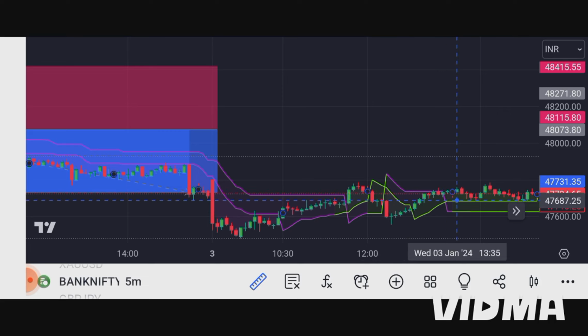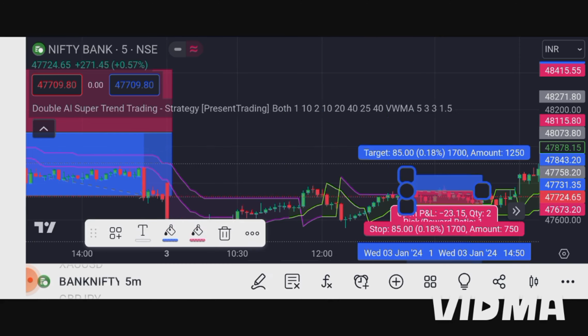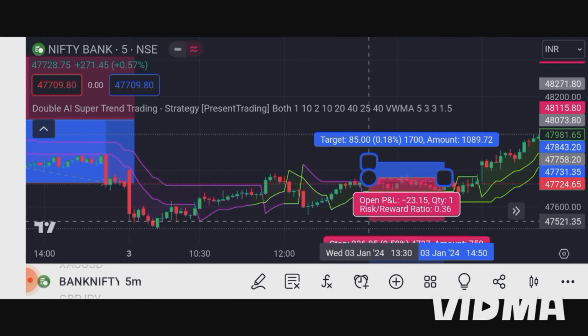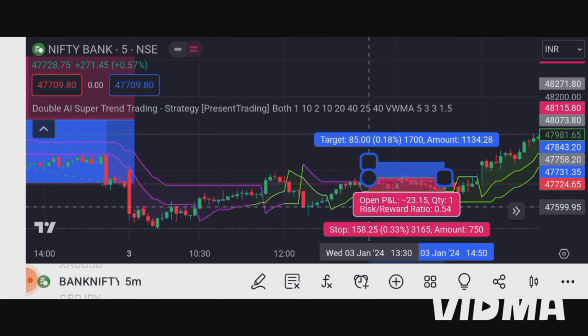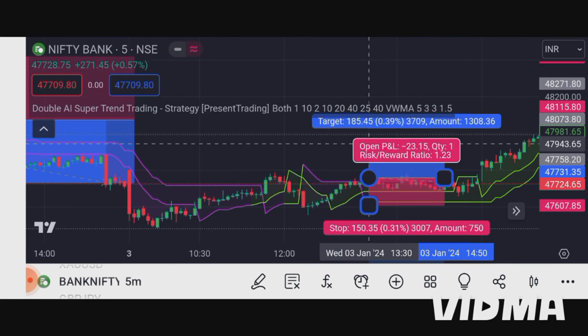Like here both lines are green and the candle is closed, so we go for a buy trade on the uptrend of the candle. In this candle green happened, so that is our entry level, our stop loss is below the Super Trend line, and our target is 1 to 1.